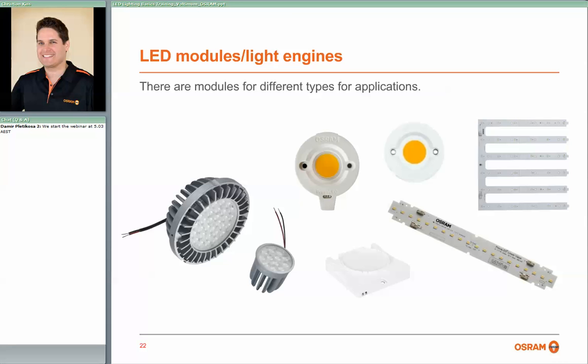Modules like this will typically have a high lumen package offering, a very high lumen package that's not available in the previous type of products, the LED retrofit style, for example. You can also custom match drivers, dimmable or non-dimmable, depending on the application and project.